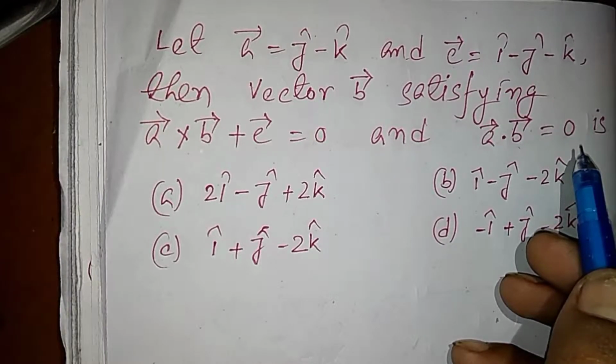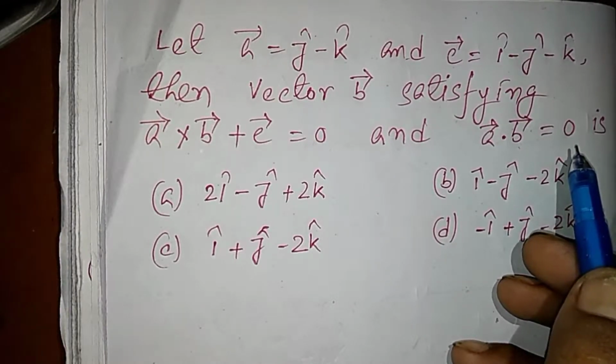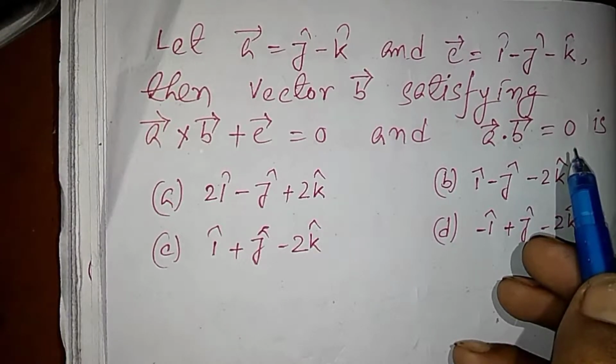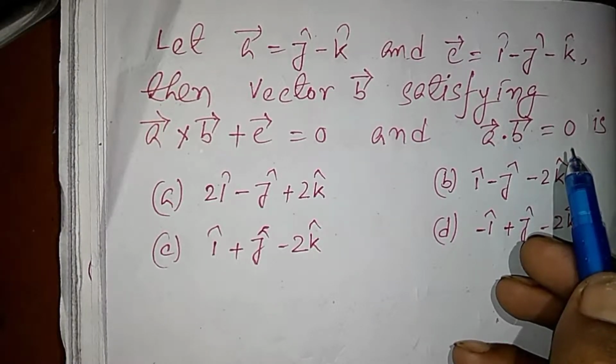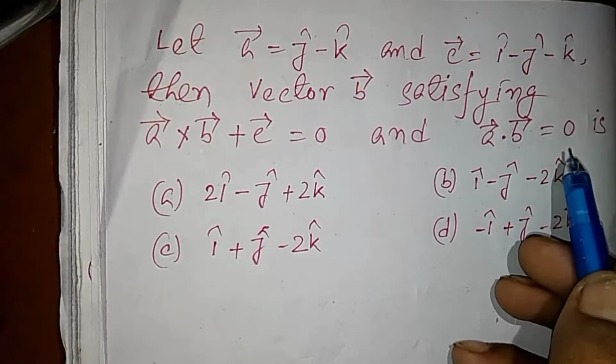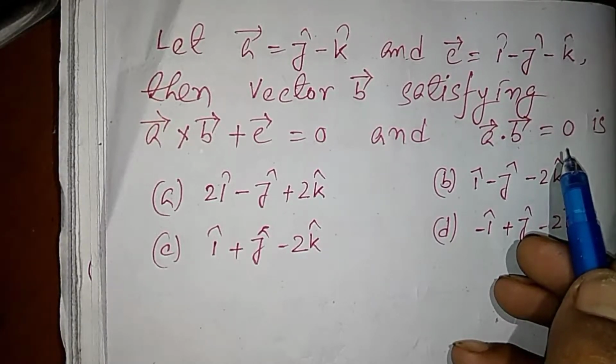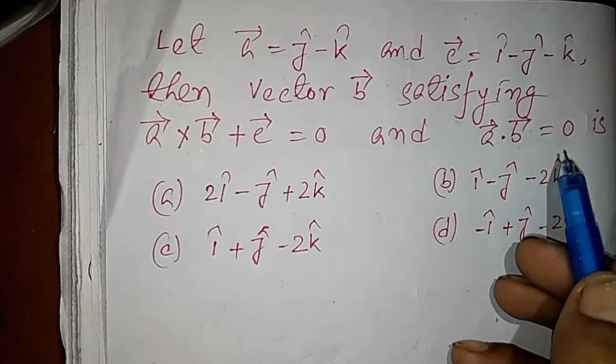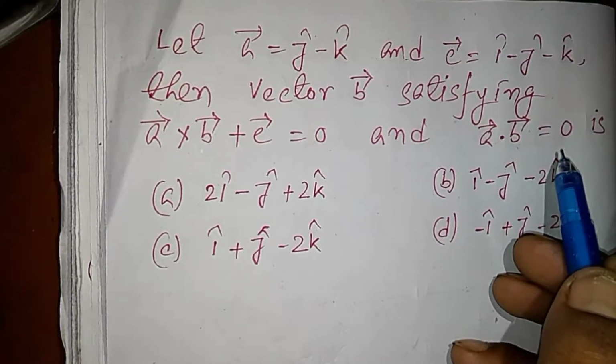If there were three equations, we would solve it with rationalization and find the value of vector B. So let's solve it. I will solve it with a technical method. So let's start.